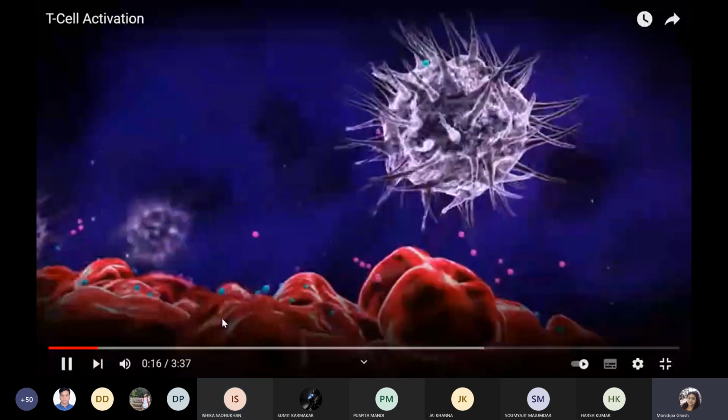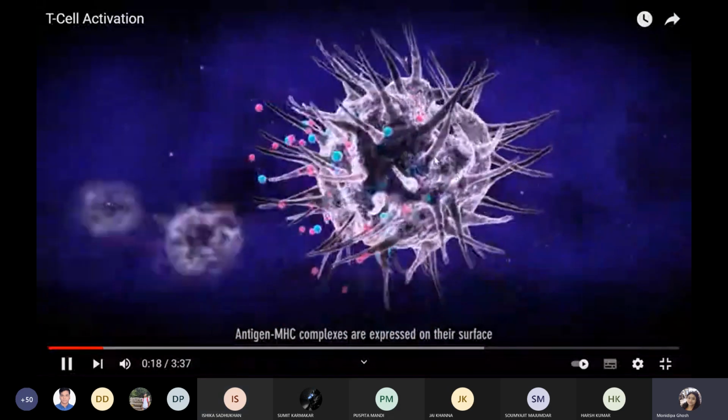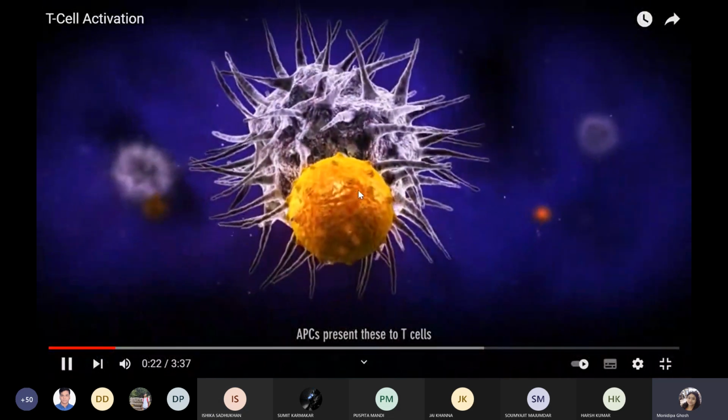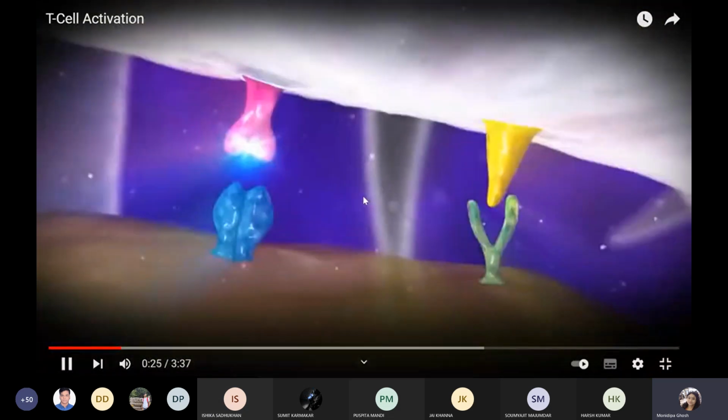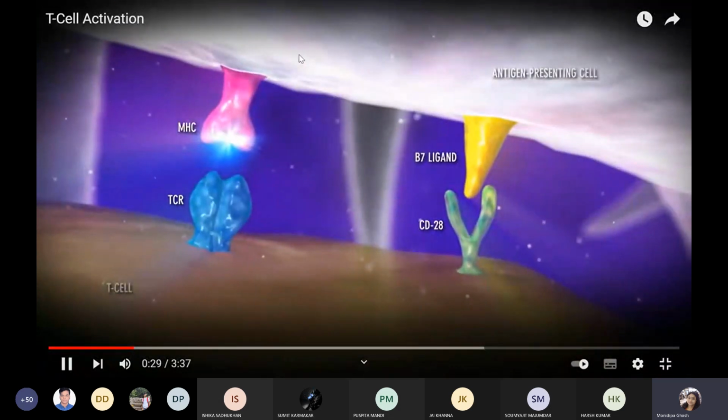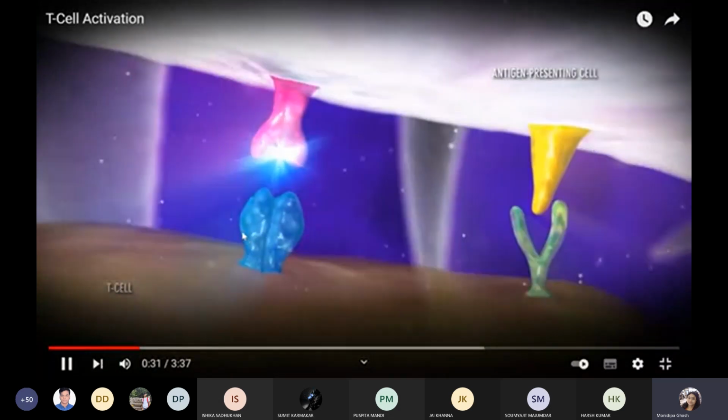The antigen presenting cell has some protrusions, and this yellow one is the T cell. Now how does the interaction happen? The MHC expressed over the antigen presenting cell and the T cell receptor over the T cell interact with each other.